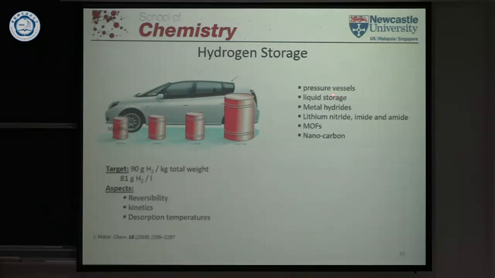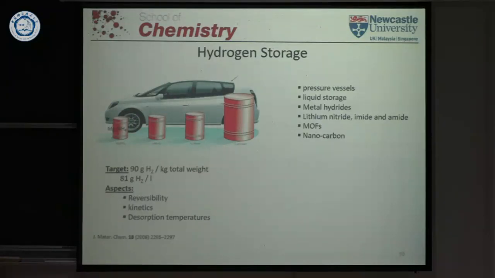Pressure vessels, liquid storage, metal hydrides, and then some chemical storage with lithium nitride, imide or amides, MOFs, metal organic frameworks, and nanocarbons. These are the possibilities. You have material in your handouts regarding everything, but I restrict the discussion today to the pressure, the liquid, and maybe a little bit of the metal hydride.